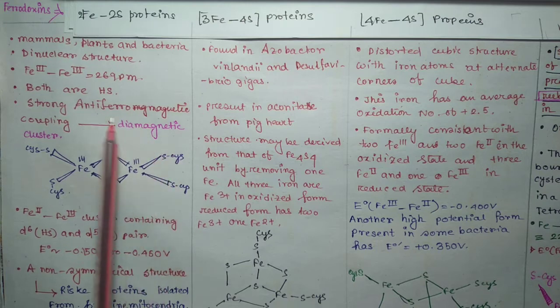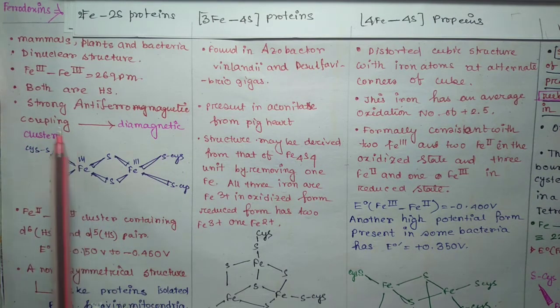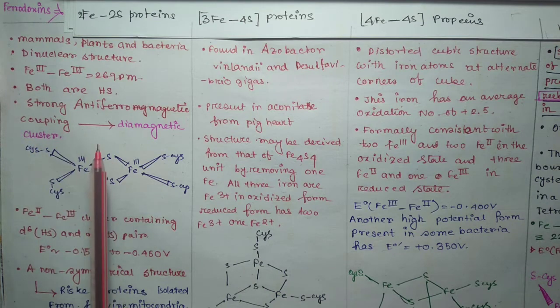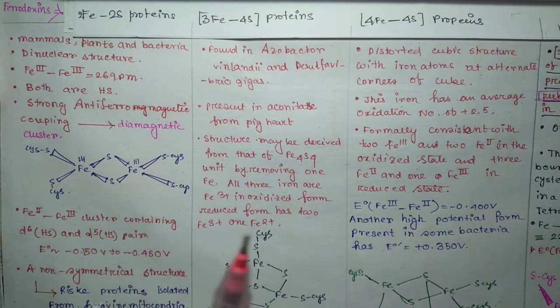That's why it is a dinuclear structure. The Fe3+ bond distance is 269 picometer, both are high spin complexes, and strong antiferromagnetic coupling gives a diamagnetic cluster.